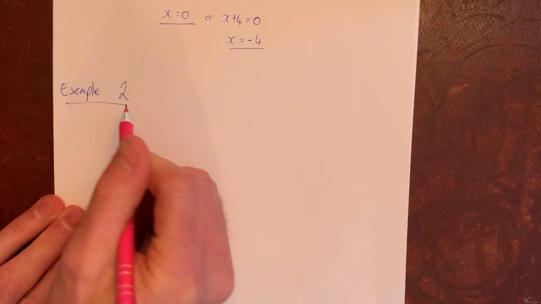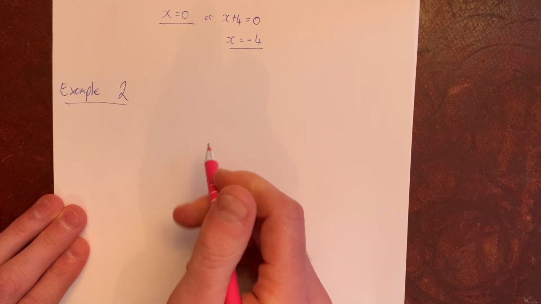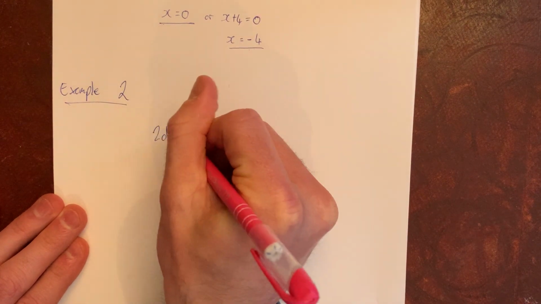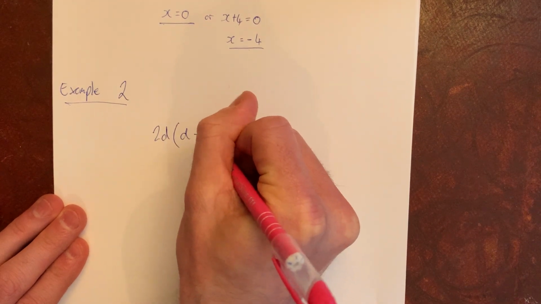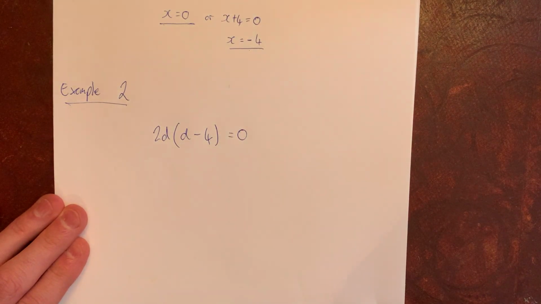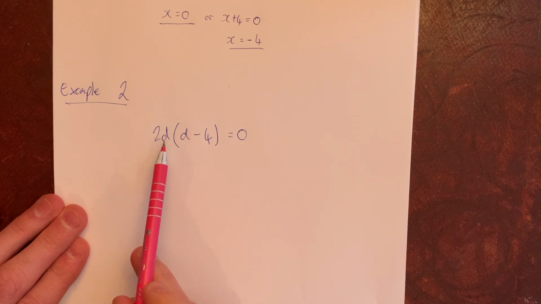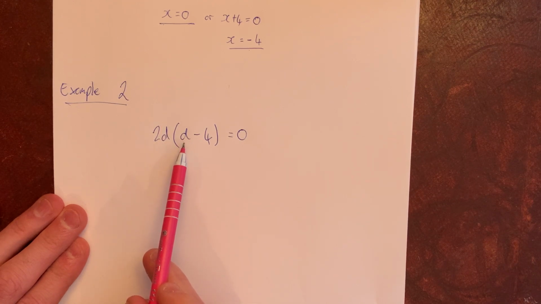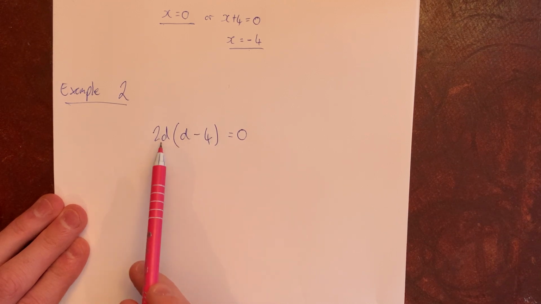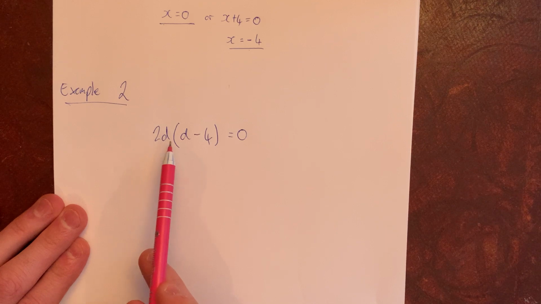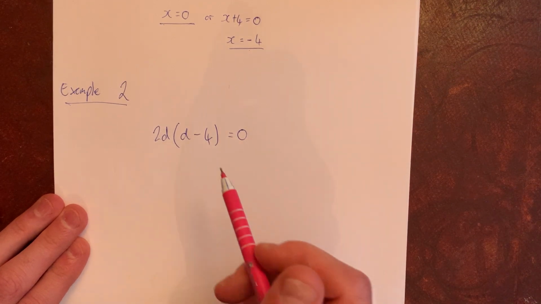So example number 2, let's go for 2d multiplied by d minus 4 is equal to 0. So it's not an x, but you could have lots of different letters, and you'll see that in the questions that you do today. It's not only x, it could be any letter of the alphabet that we're solving for. So again, we've got 2d, this time multiplied by d minus 4.